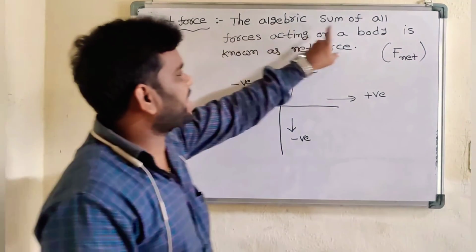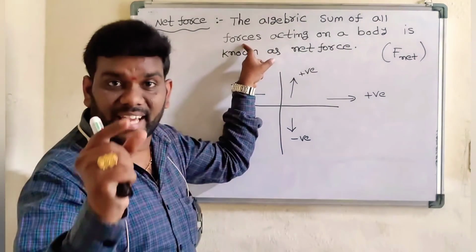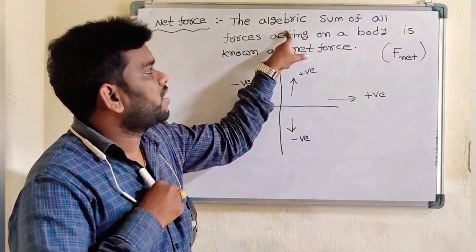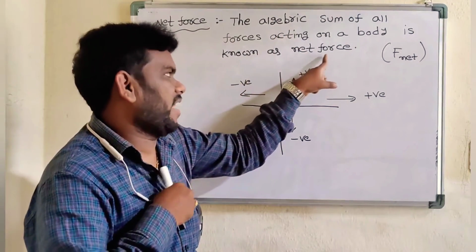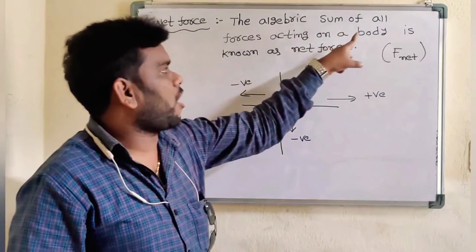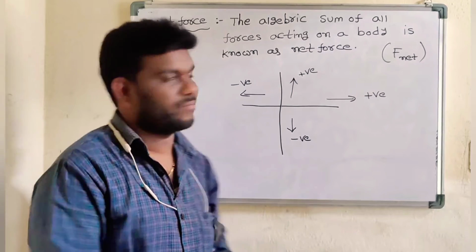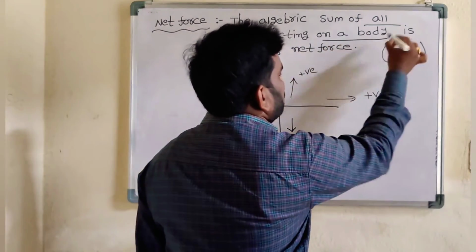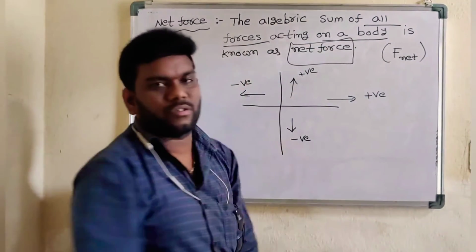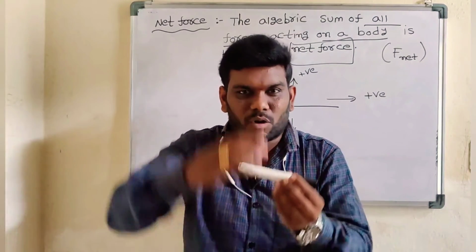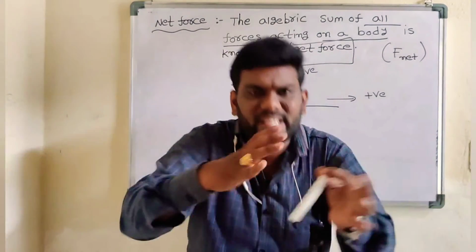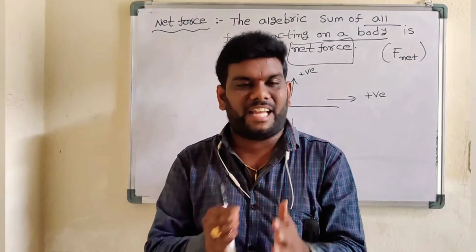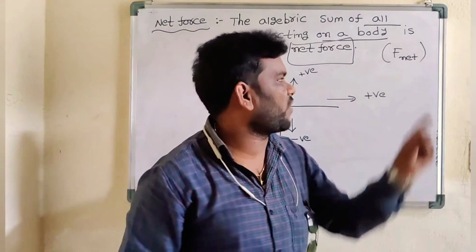The algebraic sum of all forces acting on a body is known as net force. That means if all forces act on one object, that is called net force. Net is nothing but total. That's why F net.